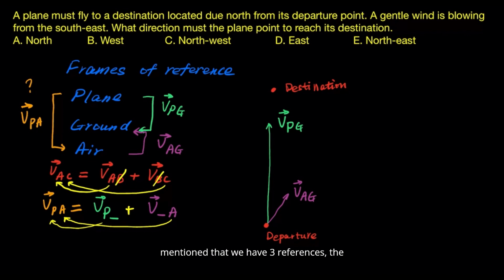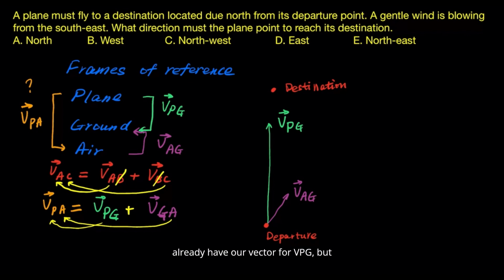As we've mentioned, we have three references: the plane, air, and ground. Obviously, what we are missing here is the ground. So we should put G in the blank. So we should have Vpg plus Vga, right? Now we set up our equation, which means the velocity of the plane relative to the air equals the velocity of the plane relative to the ground plus the velocity of the ground relative to the air.